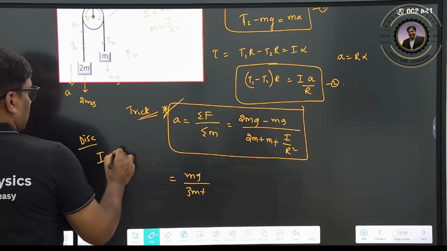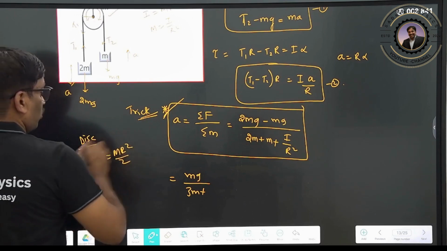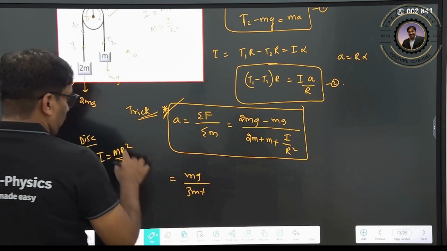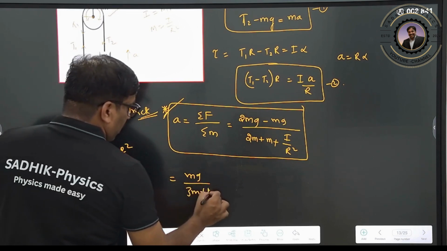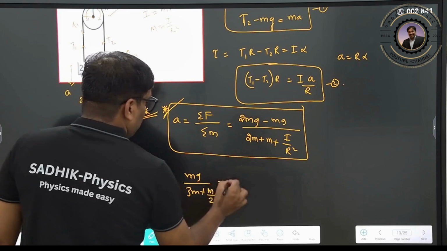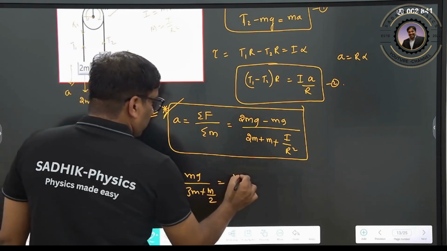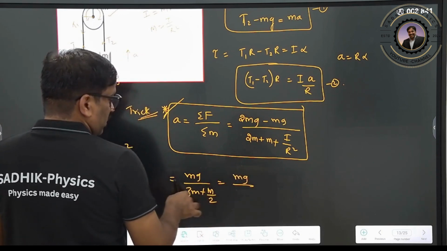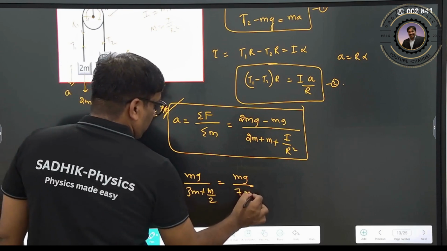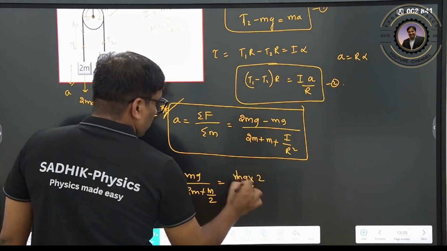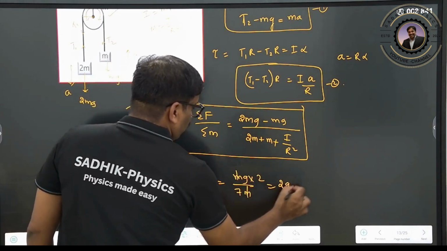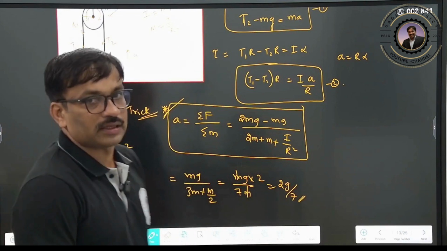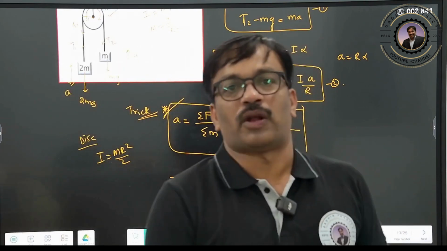The moment of inertia of a disc is mr square by 2. So I by mr square is m by 2. Clear? So how much do we get? mg, therefore 6 plus 7, 7m by 2, into 2, therefore it gets cancelled. Therefore 2g by 7 will be your acceleration for this problem.